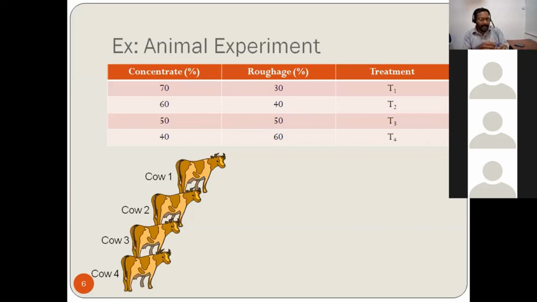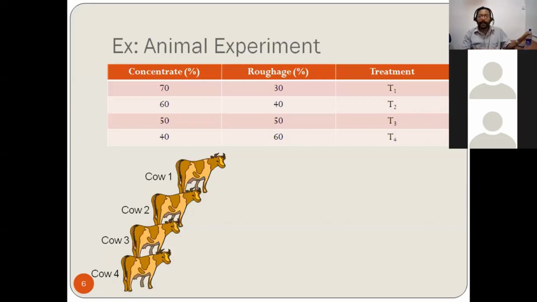All three are the same, except the weight. Now I am numbering these cows as 1, 2, 3 and 4. Right?